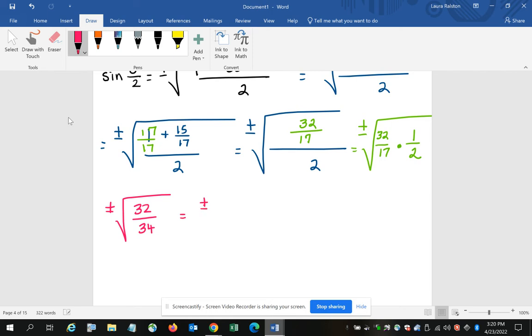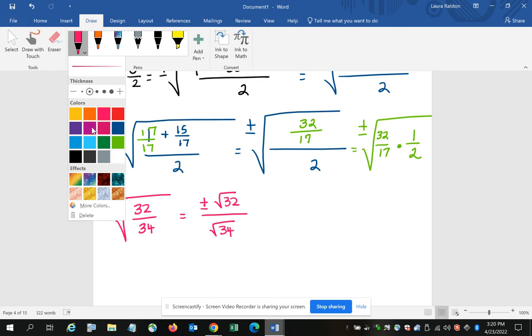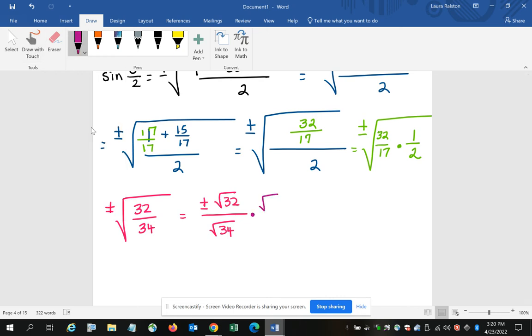So we have plus or minus square root 32 over square root 34. Again, we have the issue of having that radical in the denominator. So I have to multiply the numerator and the denominator by square root 34. So I'm going to end up with 34 in the denominator.